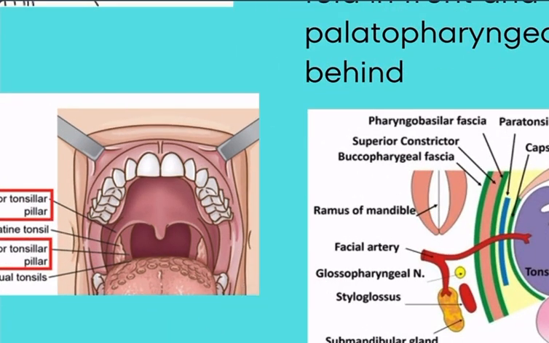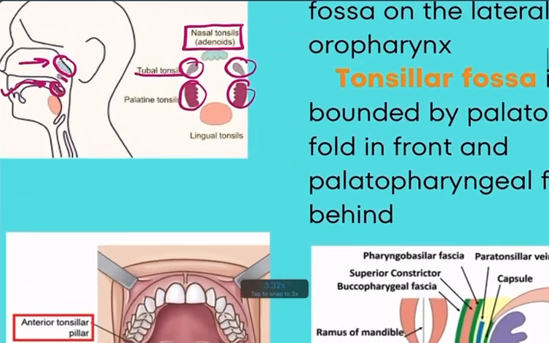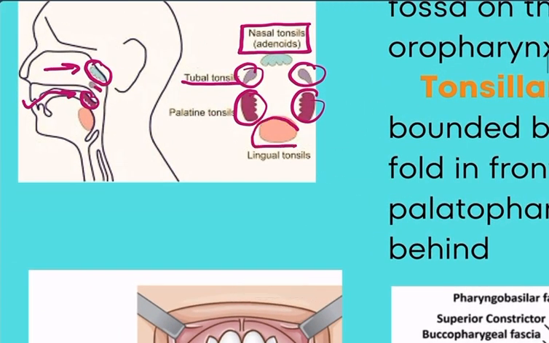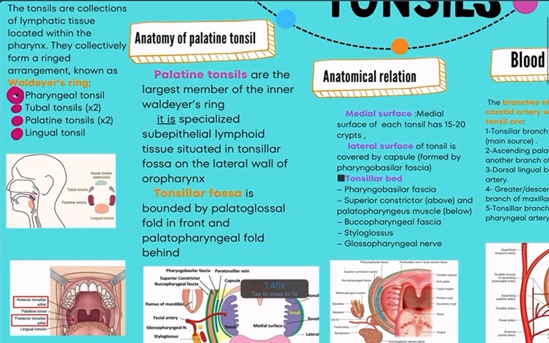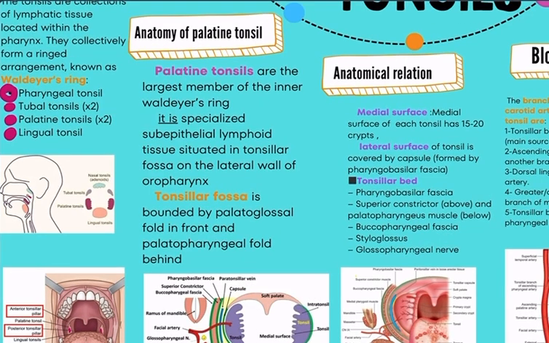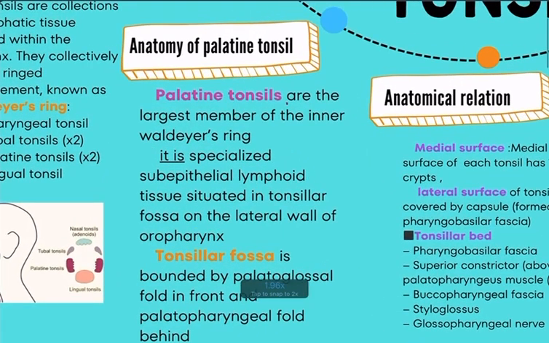Just here, ask the patient to open the mouth and say, this is the palatine tonsil, which is the most important contribution in this Waldeyer's ring. The last one is the lingual tonsil, located at the posterior back of the tongue. As I said, the most important is the palatine tonsil.